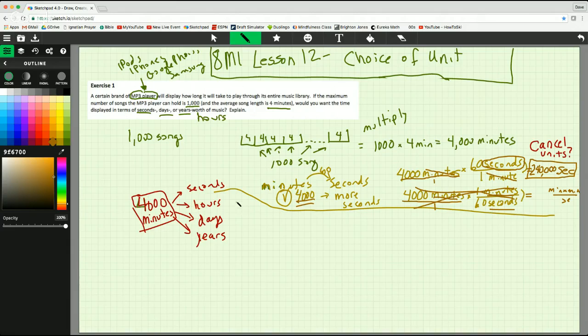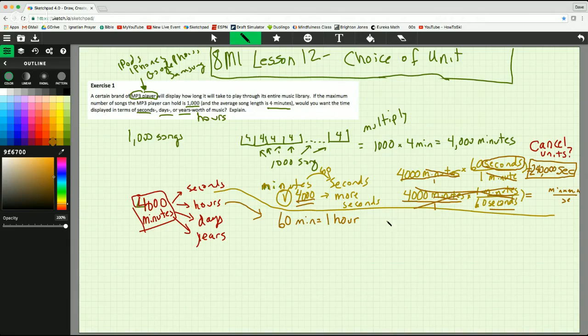All right, now let's do this conversion in terms of hours. How many minutes are there in an hour? Well, we know that 60 minutes equals 1 hour. We're going to use the same process as before.